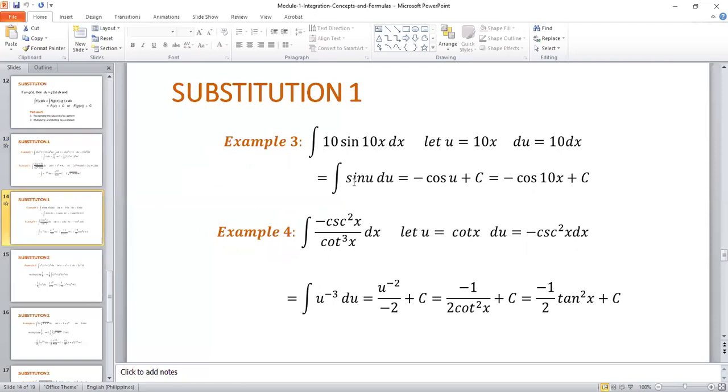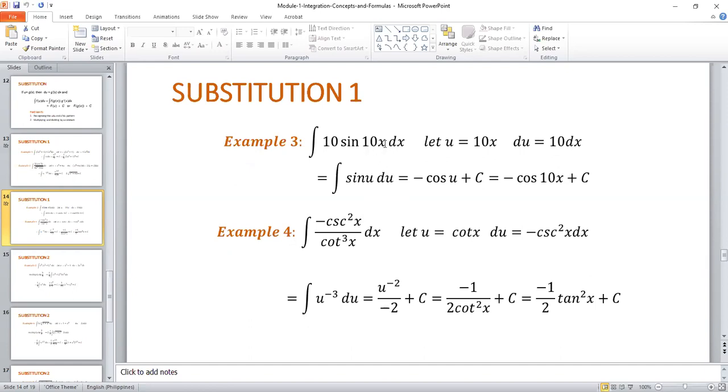Here, example 3: 10 sine 10x dx. If you let 10x be your u, your du is 10 dx. The derivative of 10x is 10 dx. If you use the formula for the integral of sine u, which is negative cosine u plus c, the du of the u in the sine is present here already in the form of 10 dx.